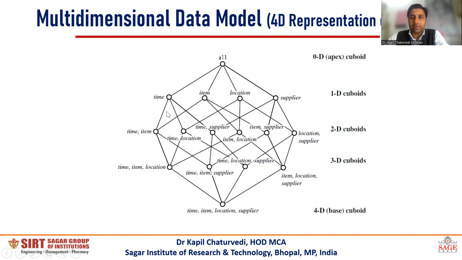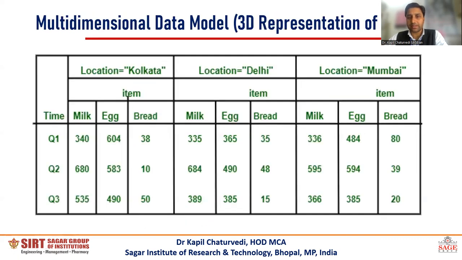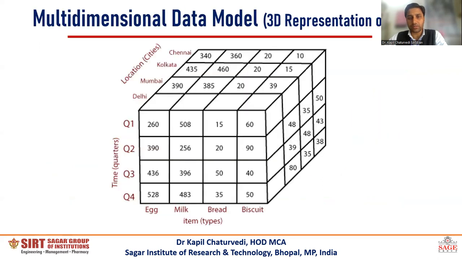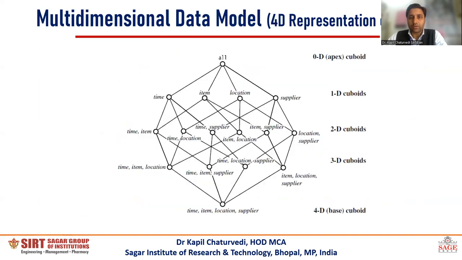That is the lattice representation of the data. If we have multidimensional data, it is not possible to represent it in that kind of way. Also, it is not possible to represent it in the form of different cubes. So we adopt the concept of the lattice to represent the data.